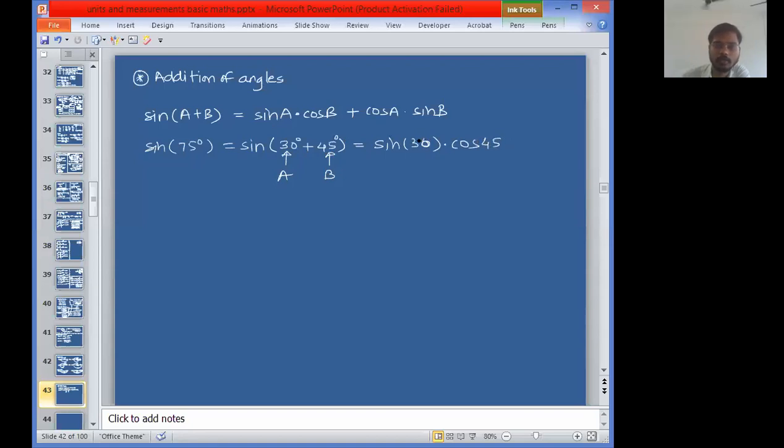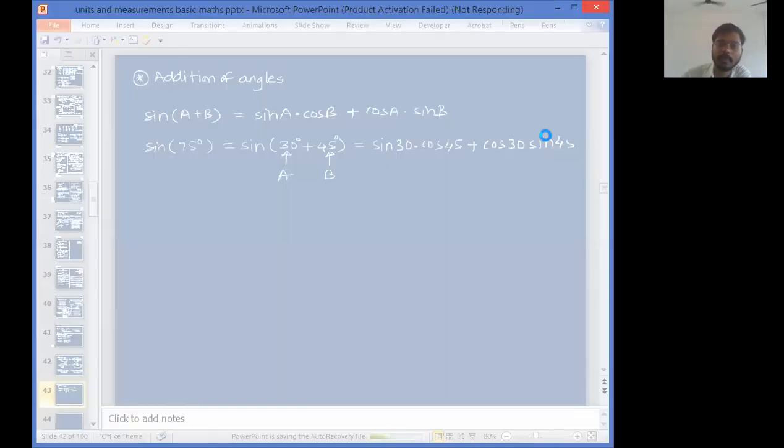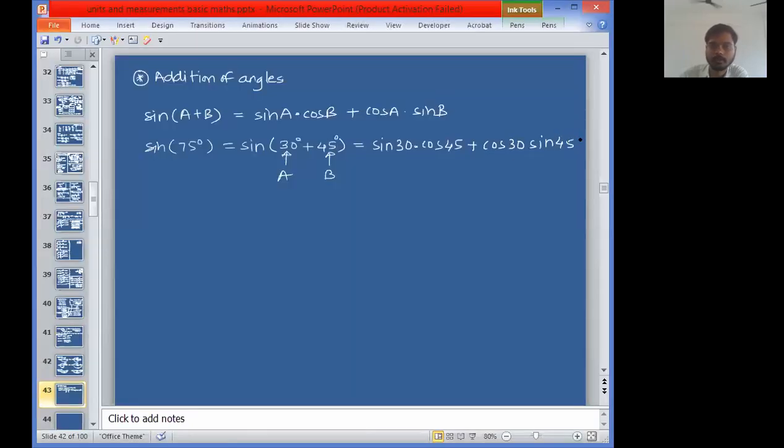Sin 30 cos 45 plus cos 30 sin 45, that is sin A cos B plus cos A sin B. Reply me in the chat box. Is this formula and its application clear?